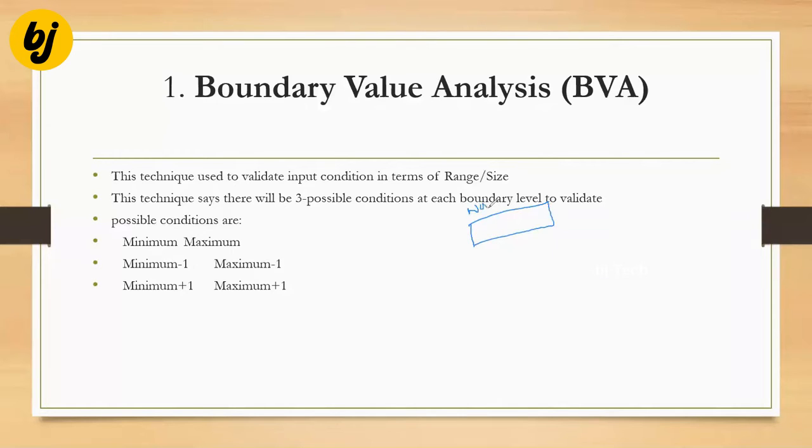This is what the requirements say. Now the developer would add some program like: if 4 is less than or equal to string size, and string size is less than or equal to 16, then accept it, else an error message should pop up. Developers write it like this.